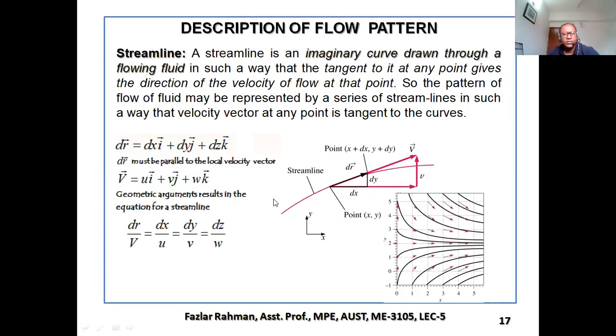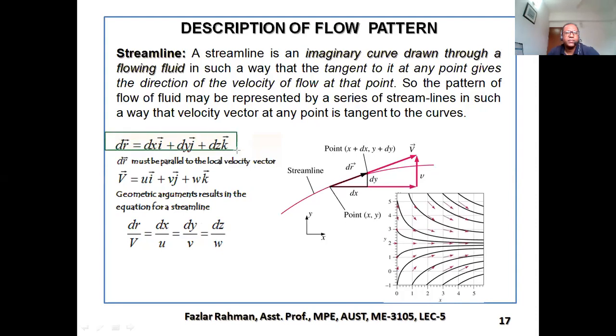Then what is the streamline and what is the condition of a streamline? If there is a velocity and there is a streamline equation, then which equation will be satisfied? That we try to explain to you.